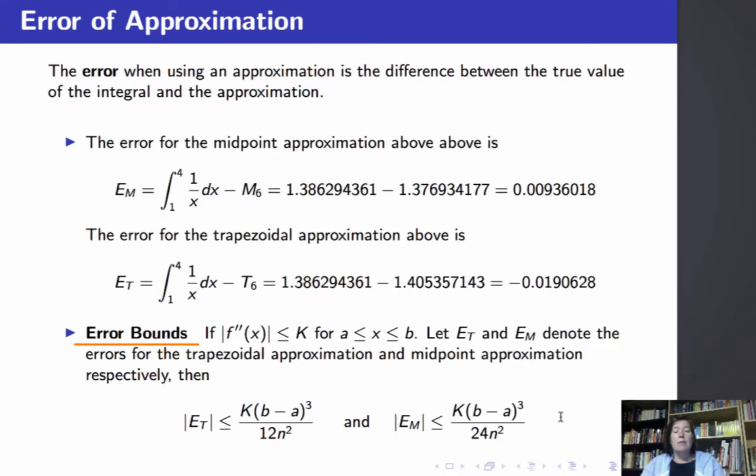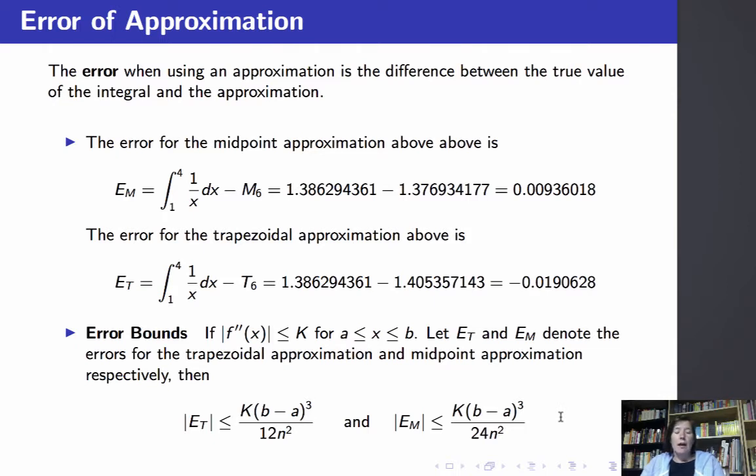Here we have a theorem giving us bounds for the absolute value of these errors. And we see that the error for the trapezoidal approximation is less than or equal to k, a constant k, times b minus a, the difference in the endpoints, cubed, over 12n squared.